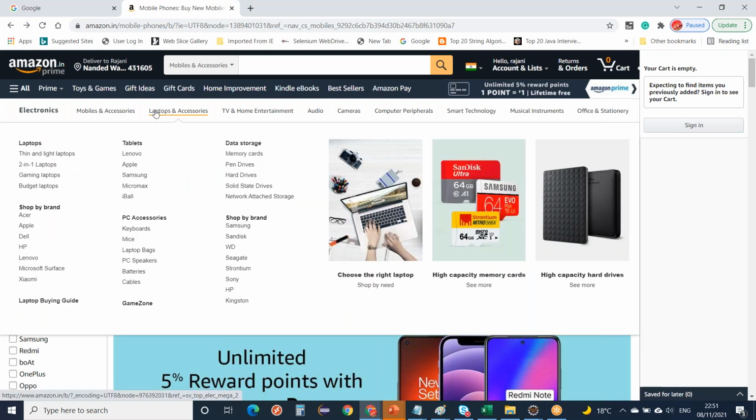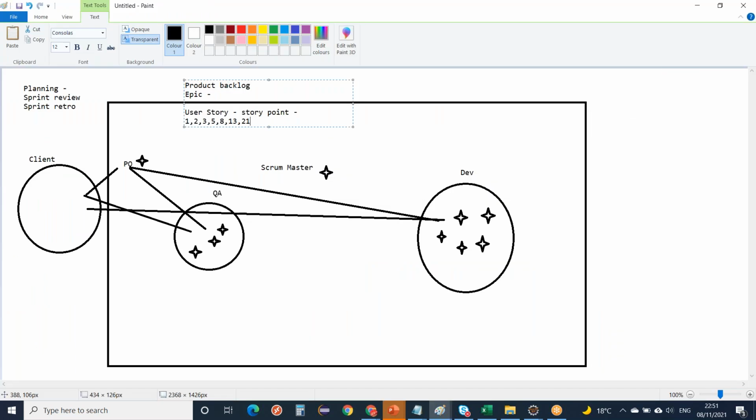In terms of the user, the user logs in for Amazon Prime, then he gets the offer related to Prime users. So the stories are written from the user's perspective. The user story is a requirement, but it is mentioned in the way the user will use that feature, how it will look for an end user. That's why it is termed a user story.